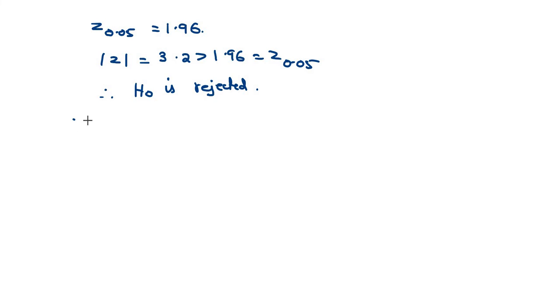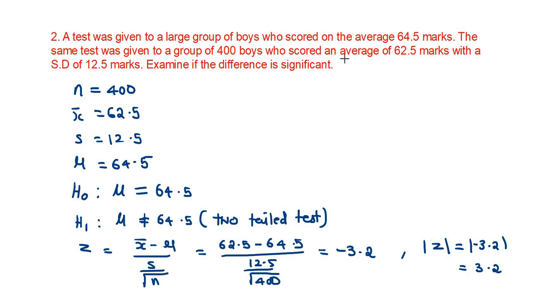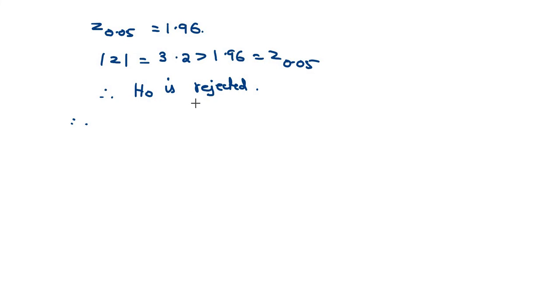So the conclusion is this sample is not coming from the population with mean 64.5. So H0 is rejected. Therefore, H1 is accepted.